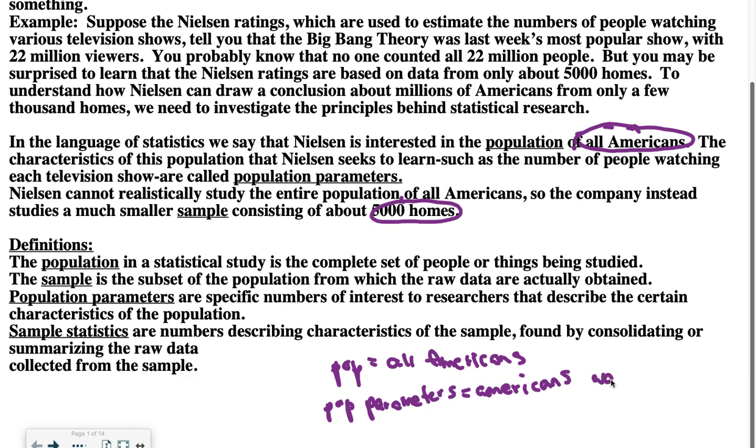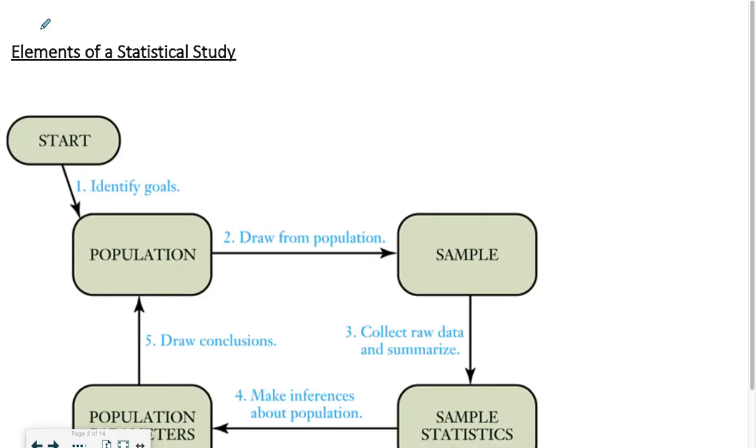This is Americans watching a show. And then the sample would be 5,000 homes. We'll talk about the sample statistics in a few moments.